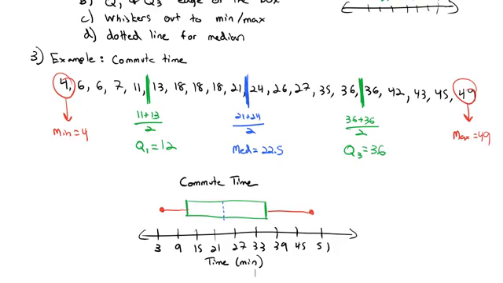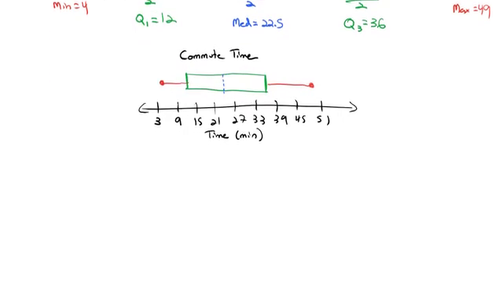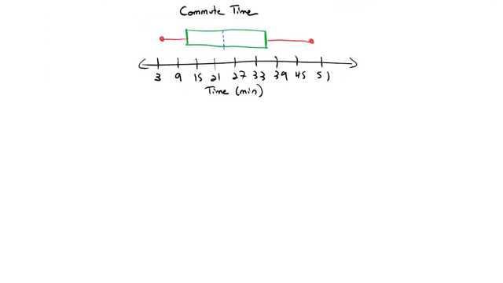And just like we can describe the shape of our histograms, we can also describe the shape of our box plots. And there's basically three ideas here.